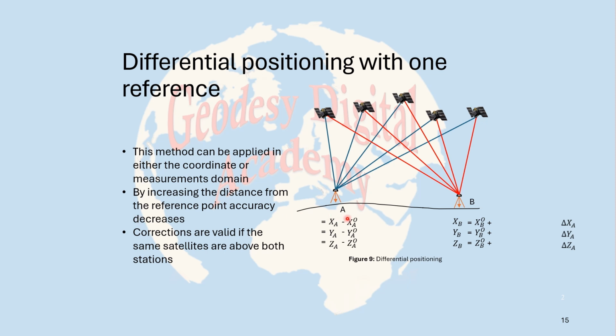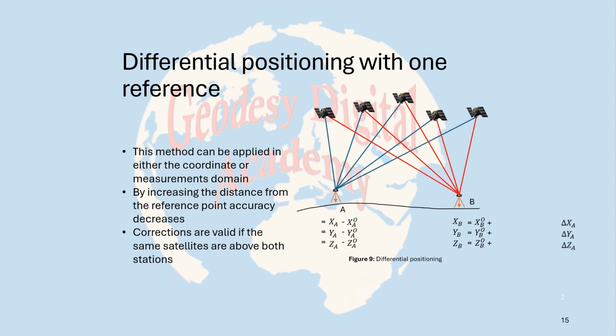One point that should be considered is that point B should not be so far from point A. When it is far, the corrections are not that valid anymore for point B. Also, we assume that we observe the same satellites over those points, which is a rather hard condition.